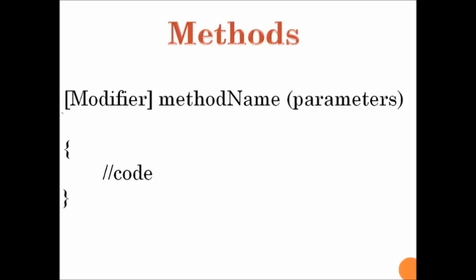Well, to create a method we have to type the modifier first. There are some reserved words that modify the nature of our method, the name of the method, then into parentheses the parameters that our method is going to need, and then keys, and into the keys the code that our method will process.